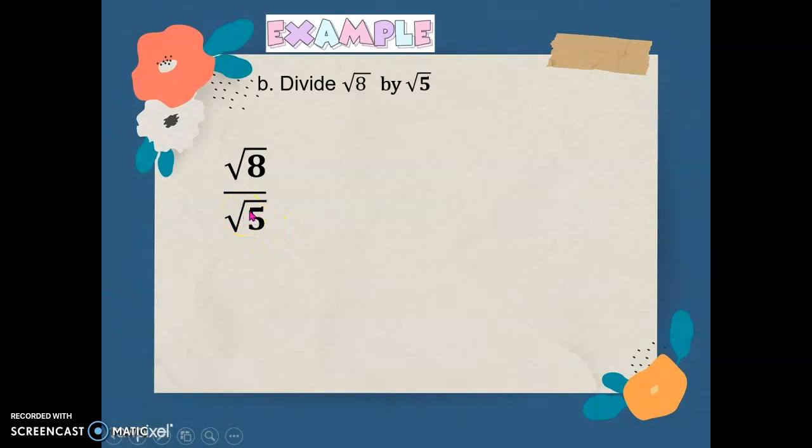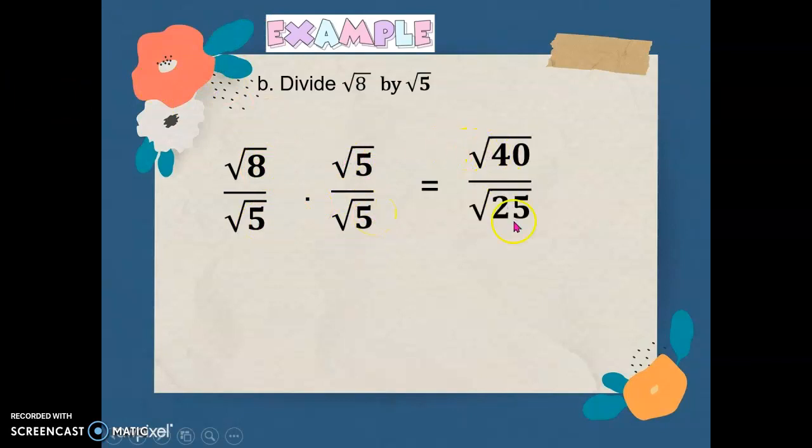To rationalize it, i-multiply natin ito to both numerator and denominator, no? So, this will be multiplied to both square root of 5 over 5. Proceed with multiplication. 8 times 5 is 40, 5 times 5 is 25. Naka-square root yan. So, we have square root of 40, square root of 25. So, square root of 25 is 5.